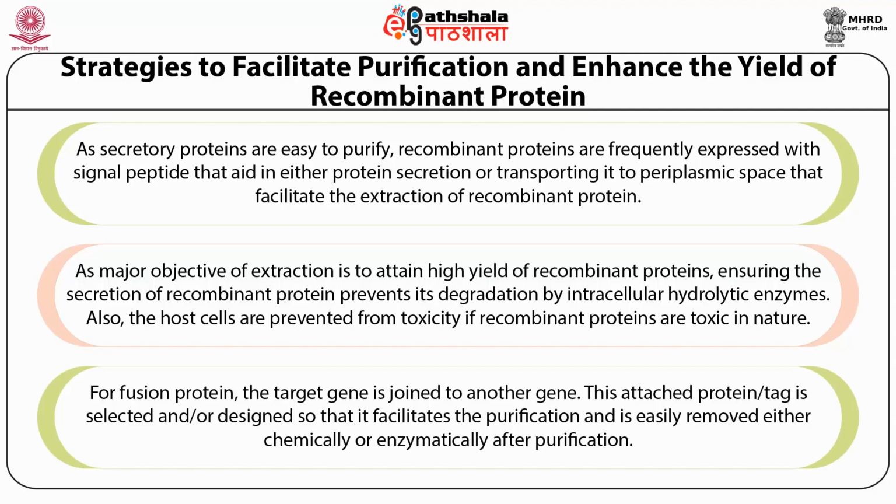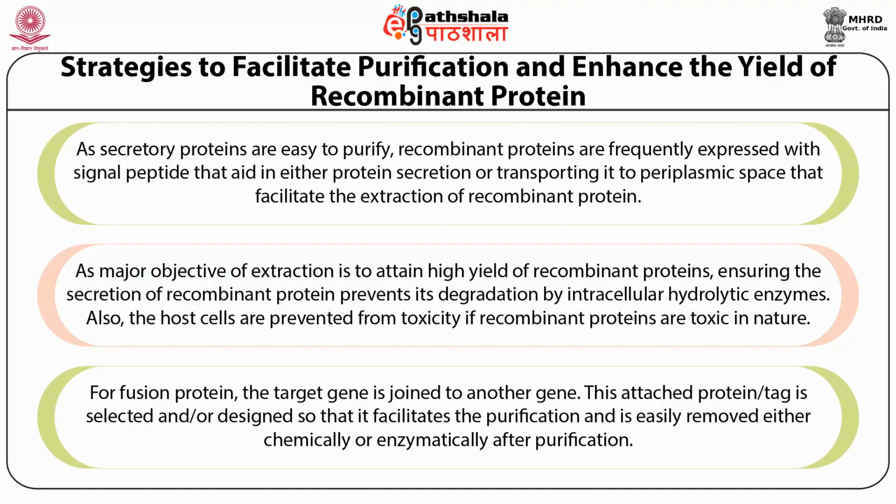One of the commonly used tags is the enzyme glutathione reductase. During fusion proteins containing glutathione reductase, the gene of interest is ligated with the gene for glutathione reductase through a suitable linker region.